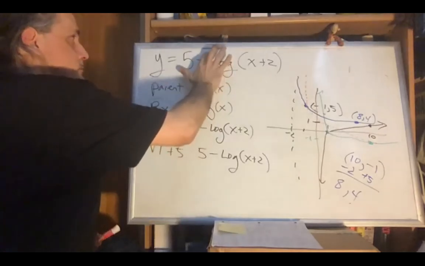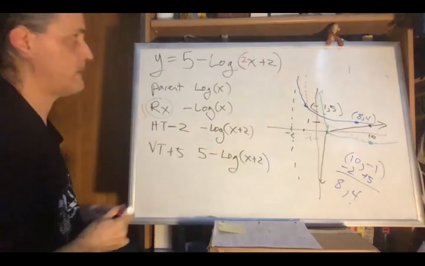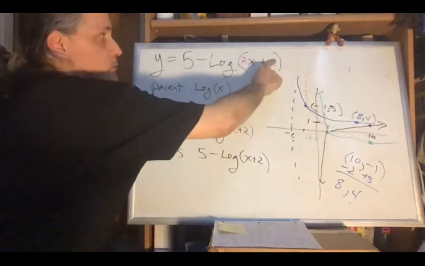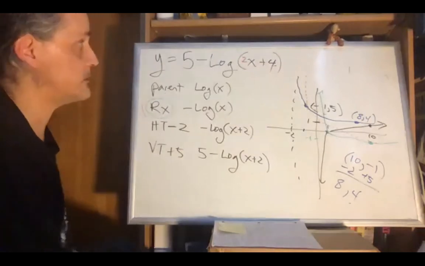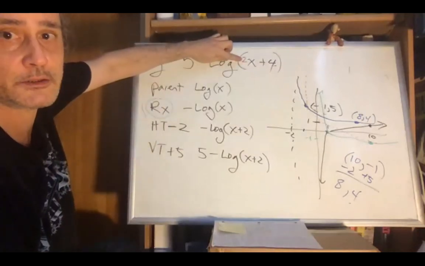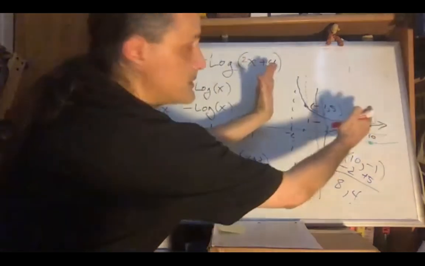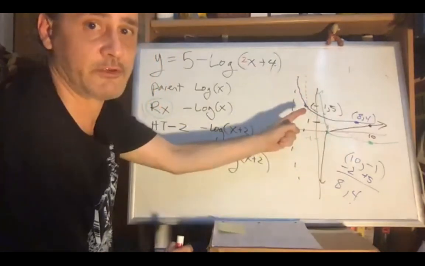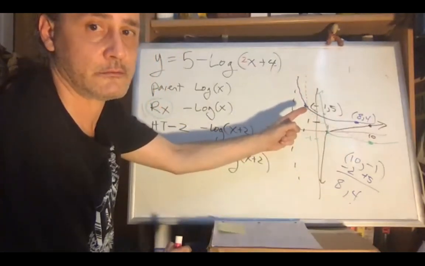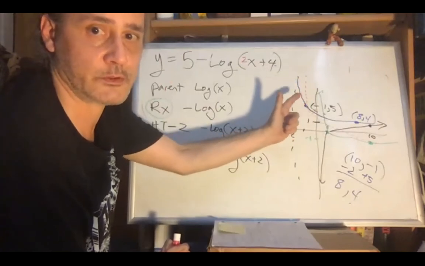If, however, there was a 2 here, and let's make this a 4, so it still has the same horizontal translation. Well, now this is a domain dilation, so that's half as much. So that's going to squeeze the graph closer to the vertical. It's going to have the same effect. Notice this is pushing closer towards the vertical. It's half as much x as it was before.